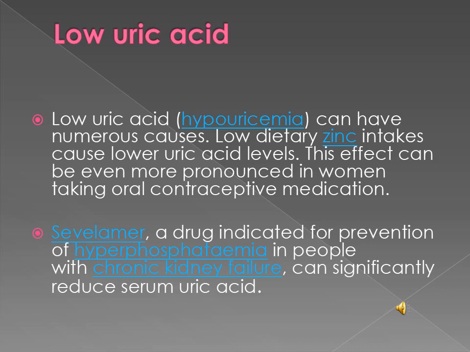Sevelamer, a drug indicated for prevention of hyperphosphatemia in people with chronic kidney failure, can significantly reduce serum uric acid.